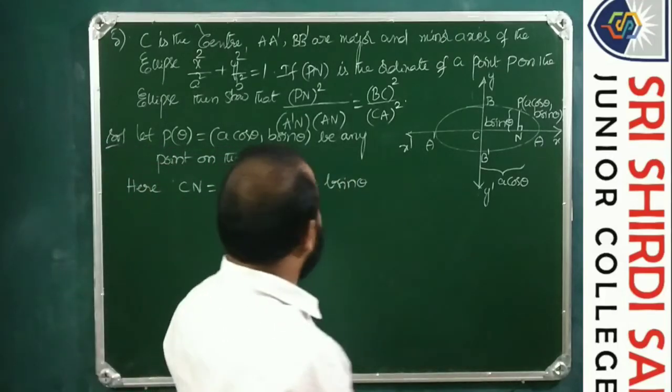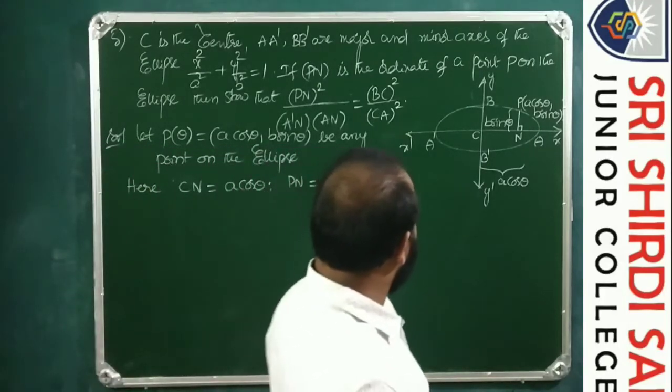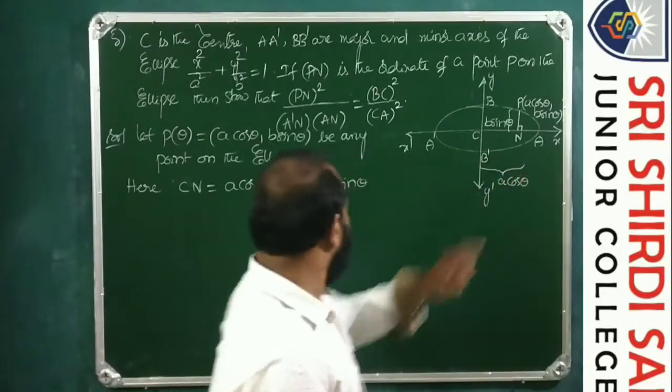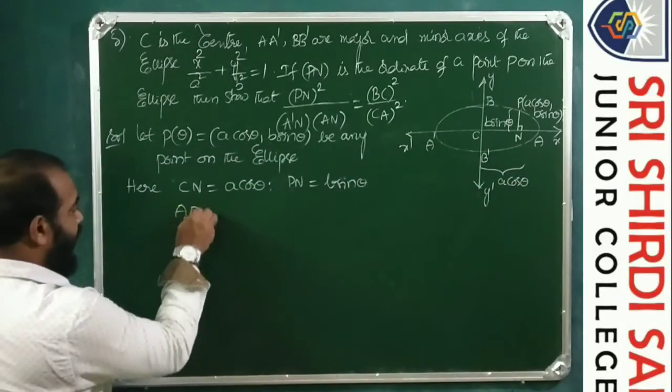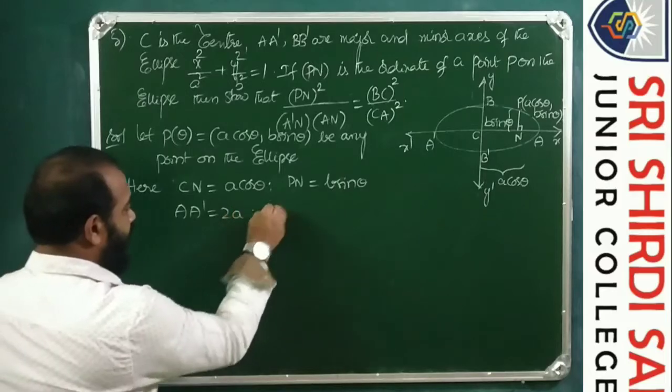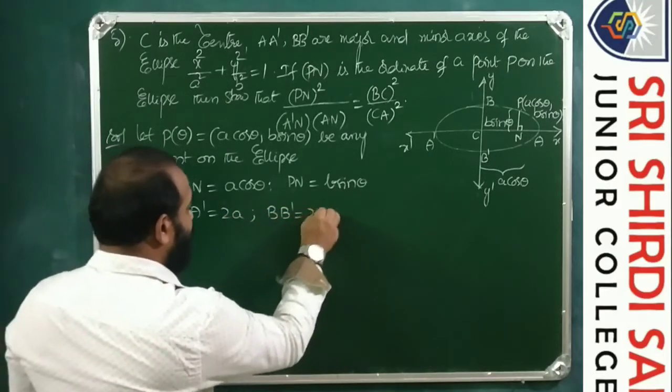Next, A A dash is equals to 2A, B B dash is equals to 2B.